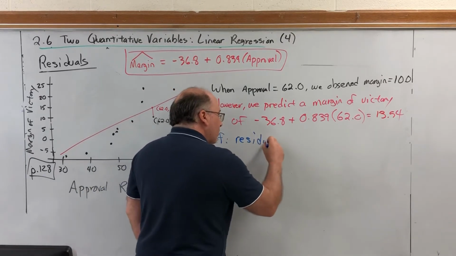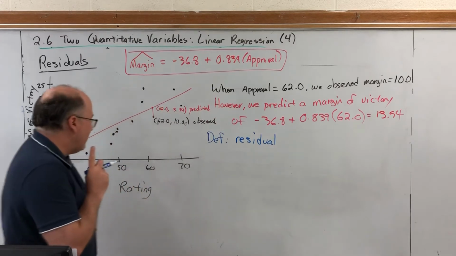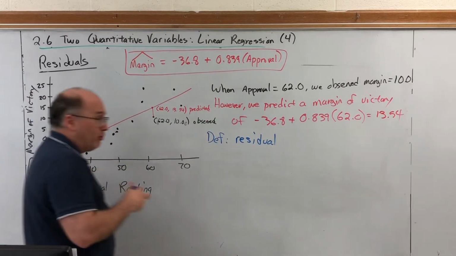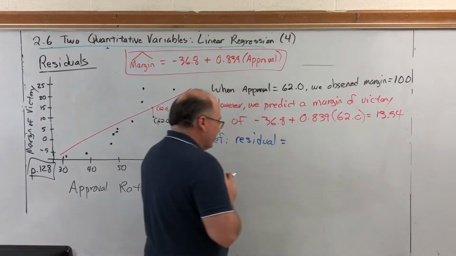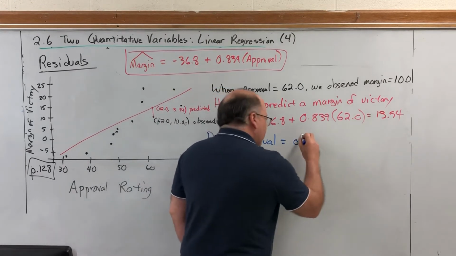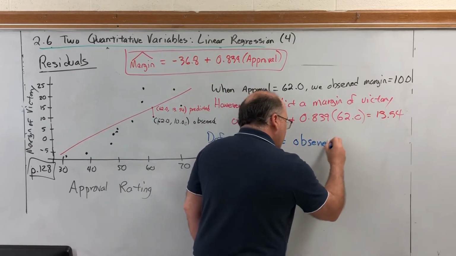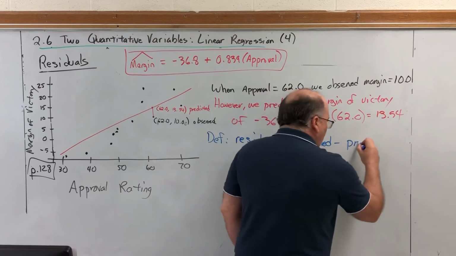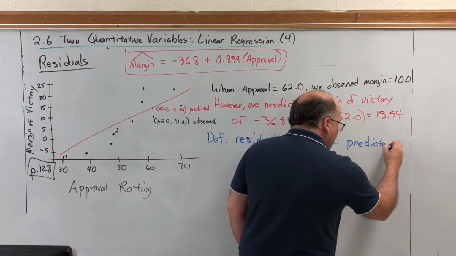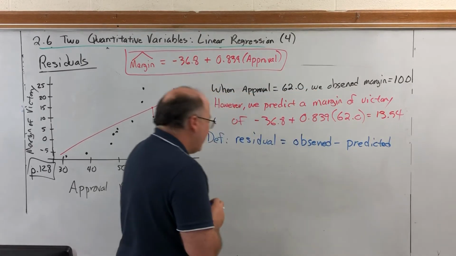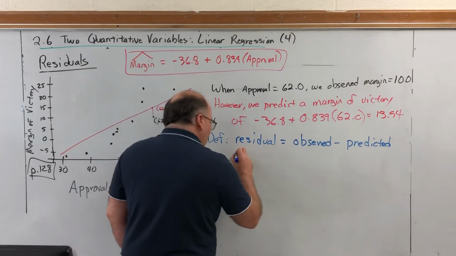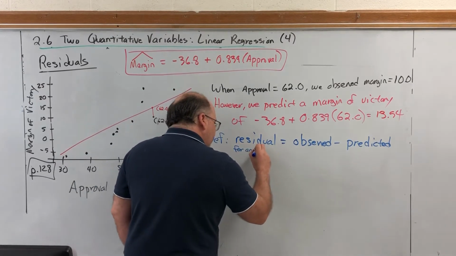The residual for an observation on a scatter plot is the difference between what we observed minus what we predicted. And more specifically, the residual for an observed pair.